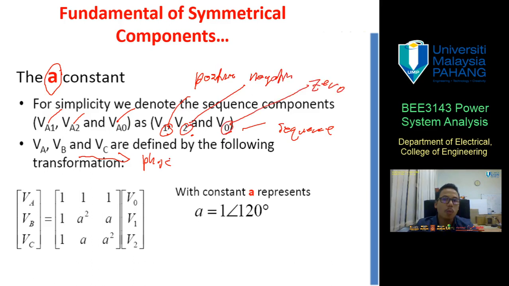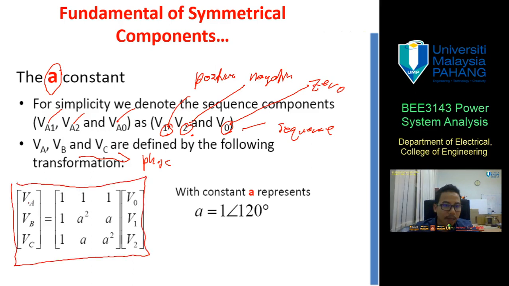What is the relationship between phase A, phase B, phase C, V0, V1, V2, and this new thing A? So this is the equation. Basically, this is a matrix where VA, VB, VC equal this special matrix.